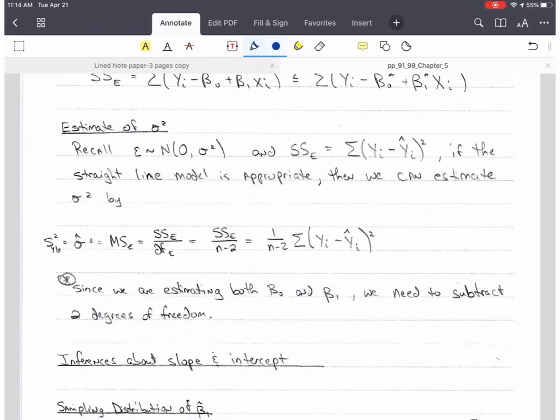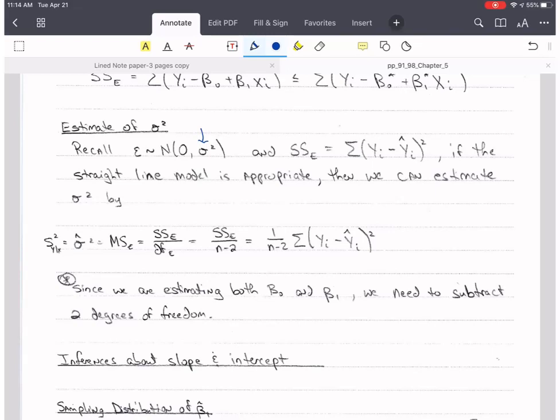Now let's talk about estimating sigma squared. Remember that we have epsilon as a normally distributed random quantity with mean 0 and variance sigma squared, and SSE is the sum of (yi minus yi hat) squared. If the straight line model is appropriate, then we can estimate sigma squared by the following.